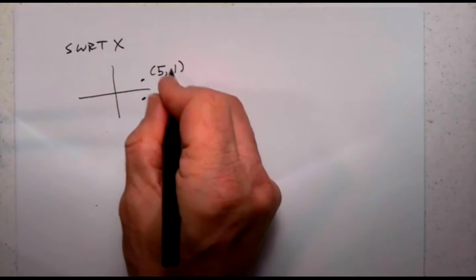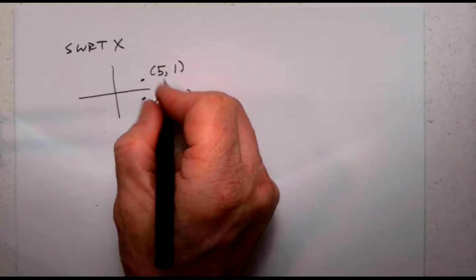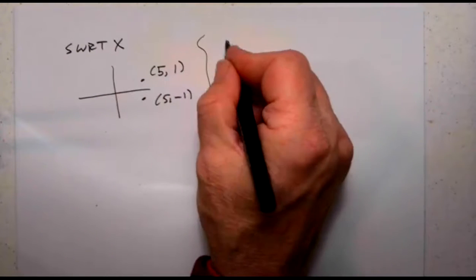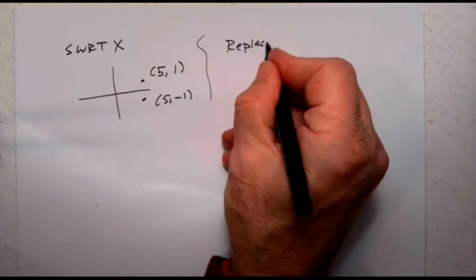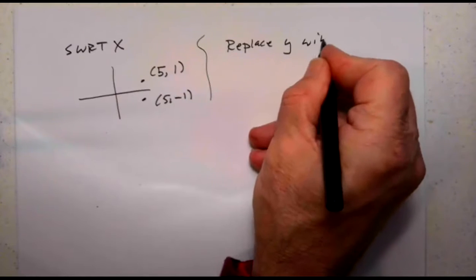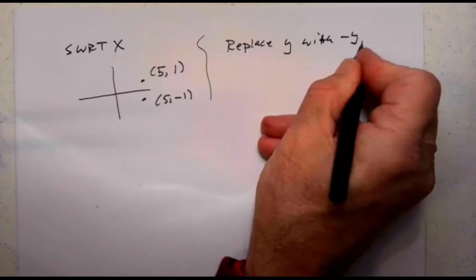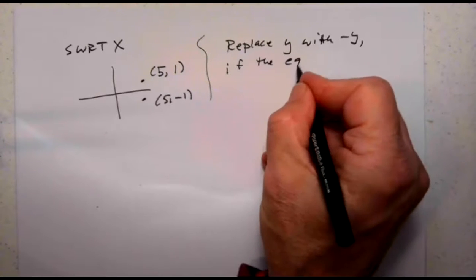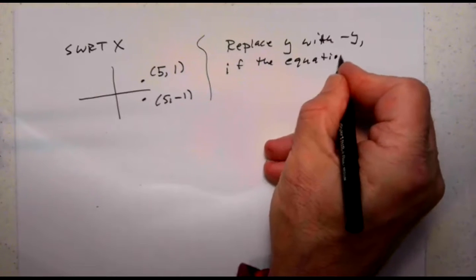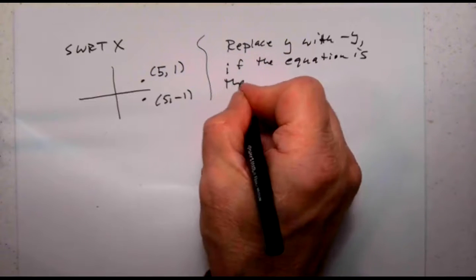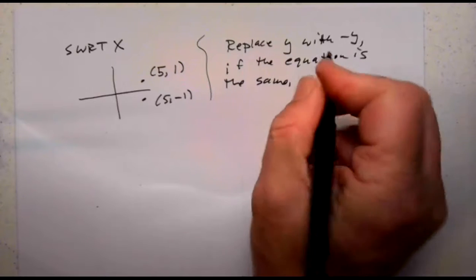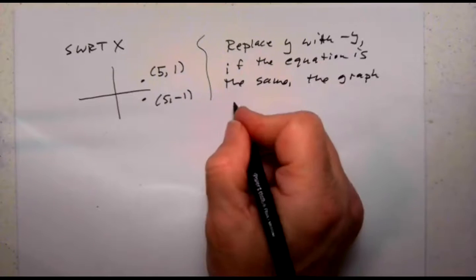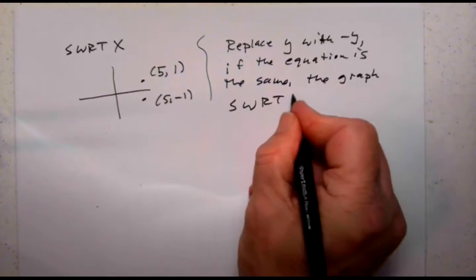So y and negative y are both there in a sense. So to determine if something is symmetric with respect to the x-axis, you replace y with negative y. If the equation is the same, the graph is symmetric with respect to the x-axis.